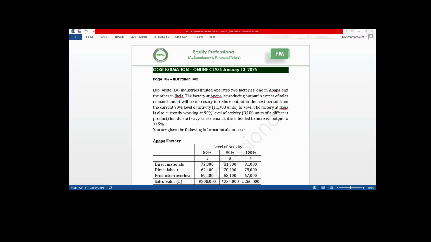We have the engineering method. We have the account analysis method. We have the scatter diagrams. We have the high and low method. And we have the regression analysis method.